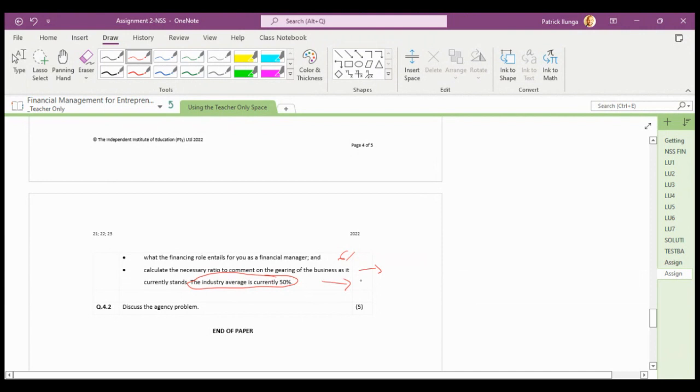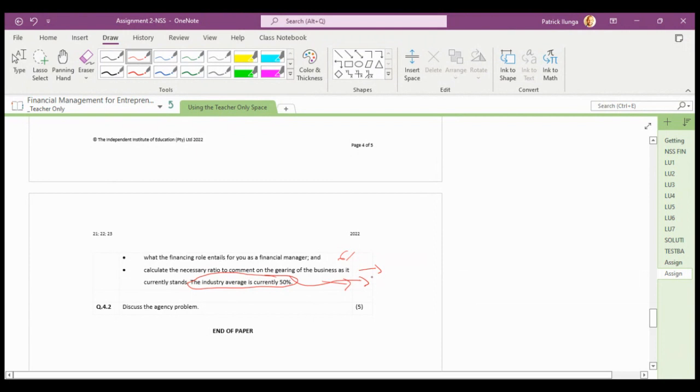They're asking you about gearing. I suppose all of you know what gearing is. But there are two particular ratios that you can use within gearing: the debt to equity ratio and the total gearing ratio.